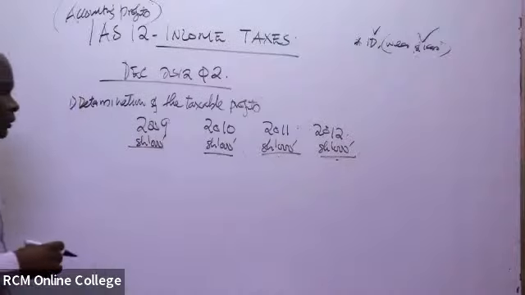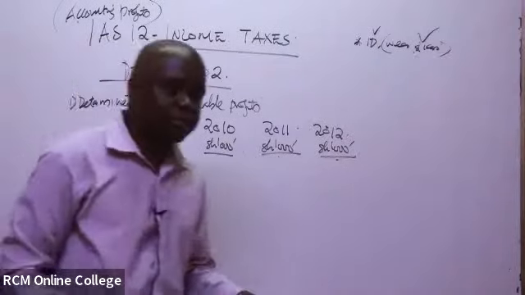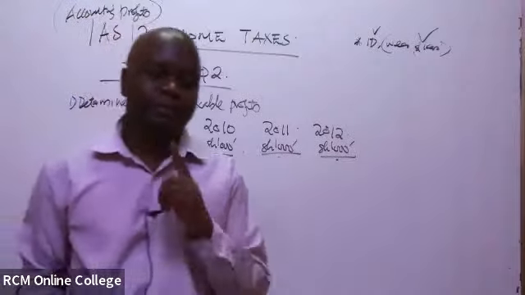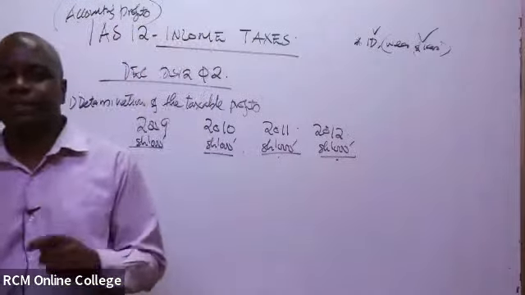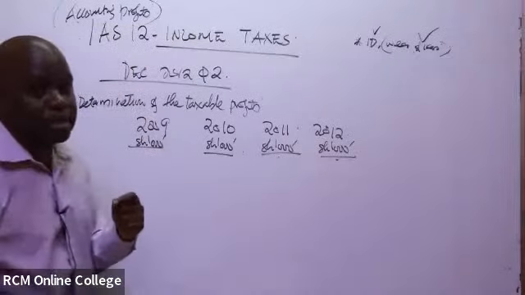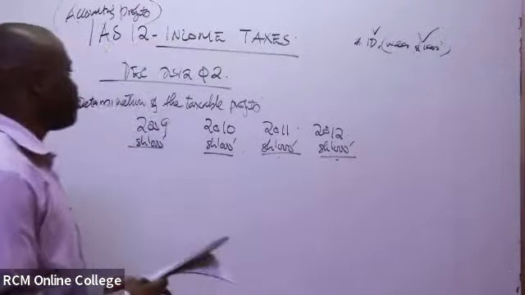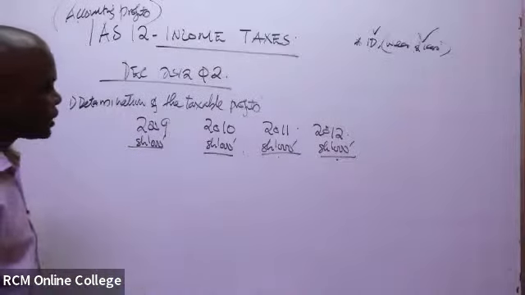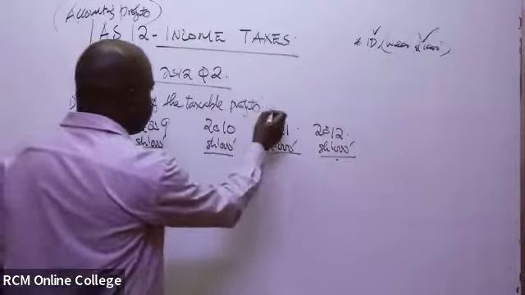So remember, this particular point will sync when you learn. Those who already learned public finance and taxation really understand exactly what I'm saying. In this case, you have to readjust the accounting profits to come up with the taxable profits.